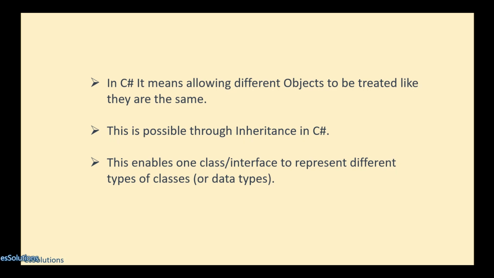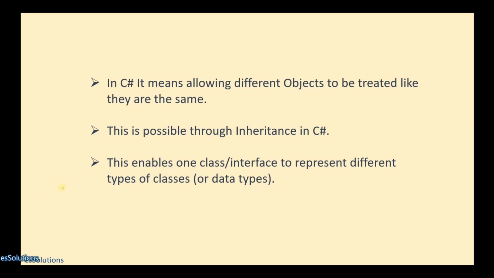Inheritance is the foundation upon which polymorphism shines, and this is very important because it makes the way you write your applications more readable and easier to design and write.